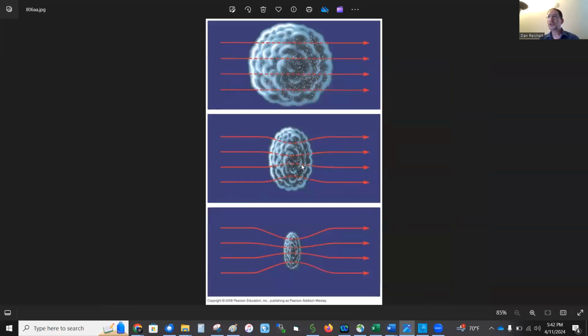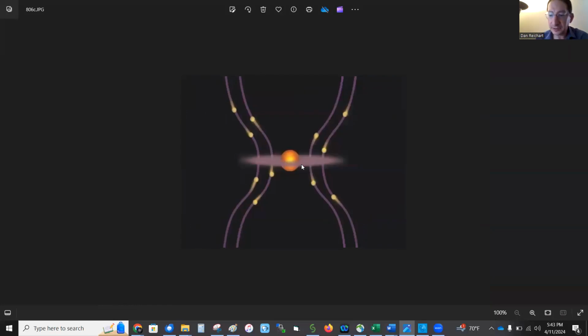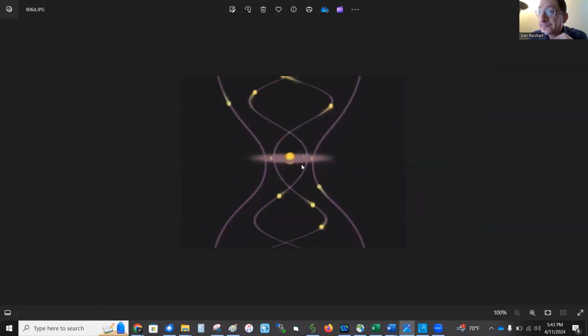What's going on is once you fragment down to a star mass blob of gas, it collapses into a disk. And these red lines are magnetic field lines. Let me just turn this sideways, and you see the magnetic field lines running through. As this disk rotates, and it rotates differentially, faster in the middle, slower in the outskirts, these magnetic fields get wound up.